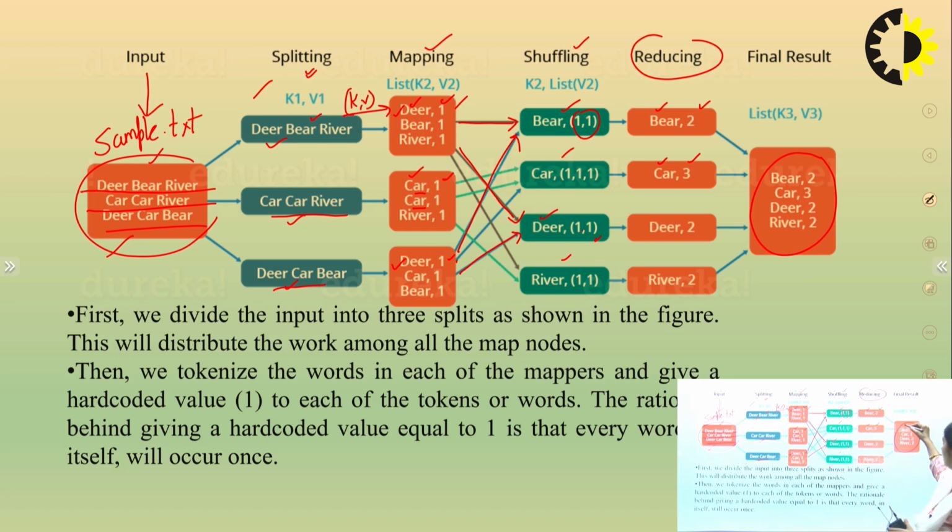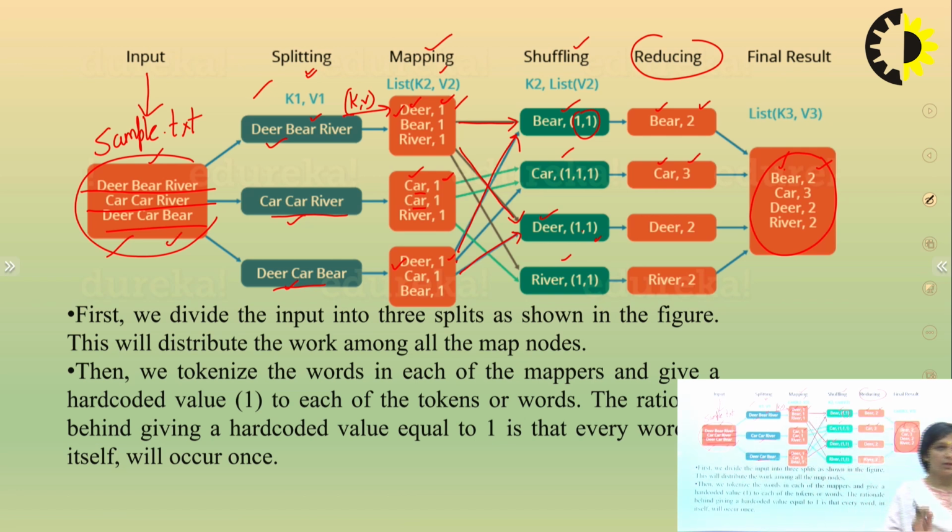It means here, input split, what we have done in this mapping phase, it will be shown only one time. Key will be shown only once. There is no repeated key. Beer is one time only, car is one time and deer and river. And this is the value. Total values in this input.